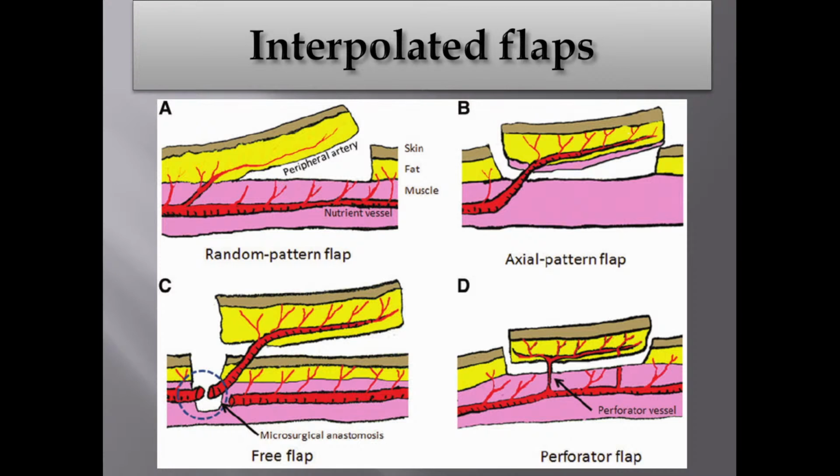Axial pattern flap: it can be a flap on a pedicle, or when we cut this axial pattern artery, it will be a skin graft. And free flap, here in photo C, you can see this bone graft. And perforator flaps.